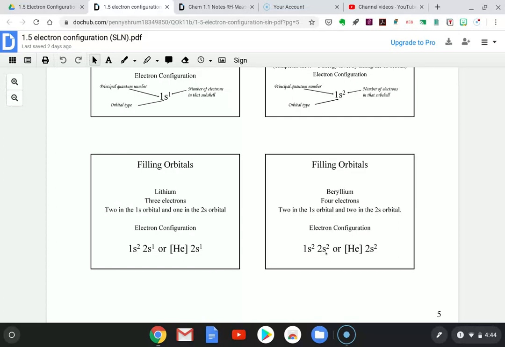Our abbreviated version of this, it's typically referred to as the noble gas configuration, is to put helium in brackets and then 2s2. And again, it's noble gas configuration because everything in that last column, group 18 on the periodic table, is a noble gas. So we refer to that as a noble gas notation.